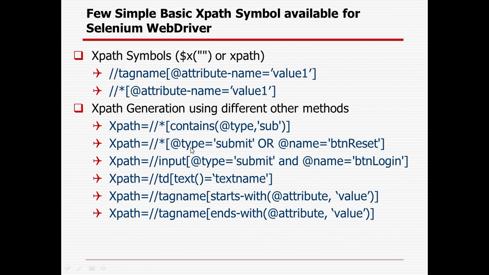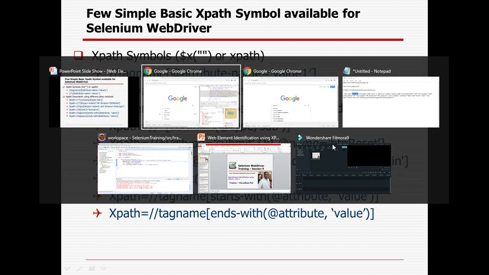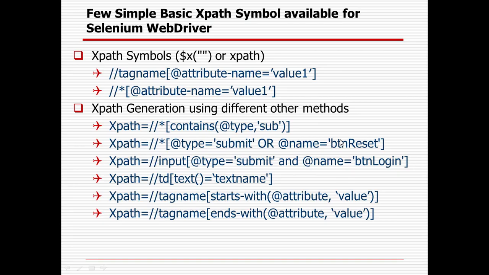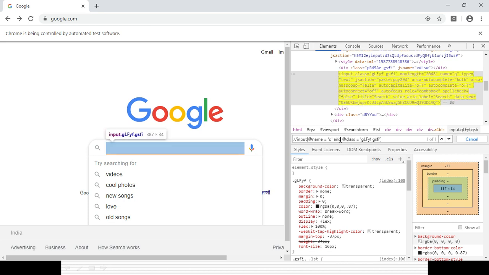Okay, at the rate. Instead of that, if I give the AND operator, okay, AND is working fine. Let's try with AND first, then I will show you with the OR. You can see AND is also working fine.